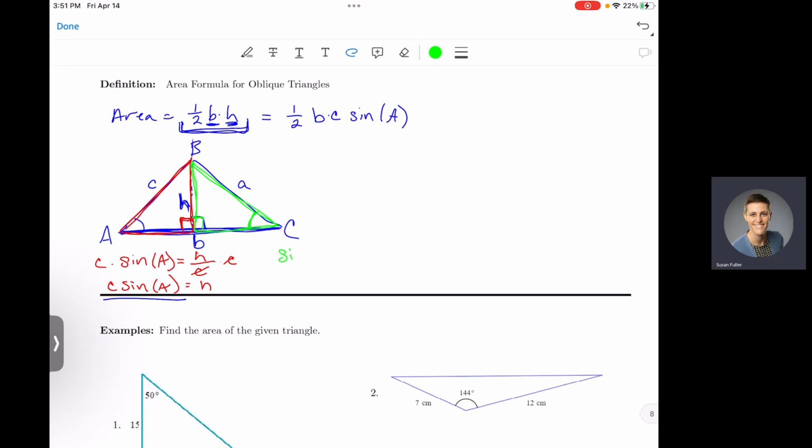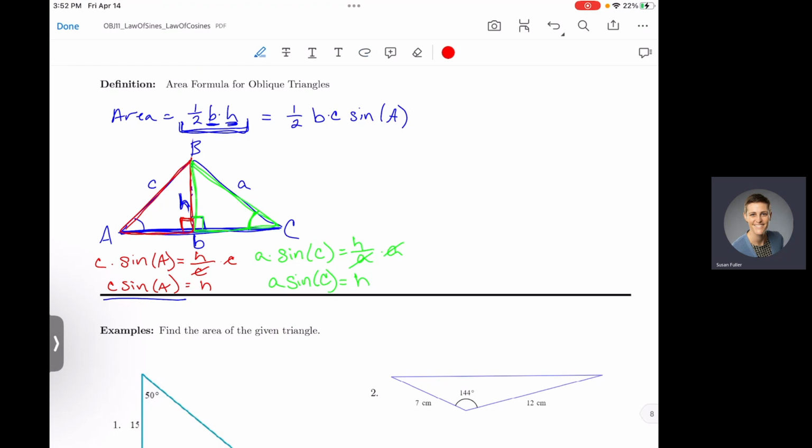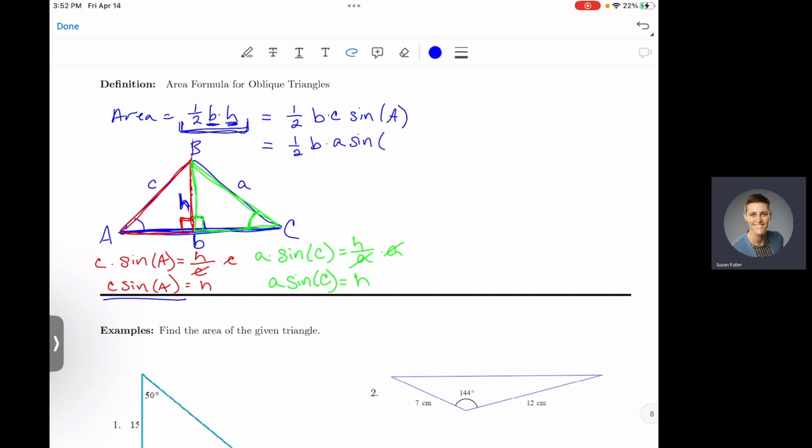I could have said that the sine of angle C is equal to the opposite side, which is h, divided by my hypotenuse, which is A. Again, I can multiply both sides by that denominator to clear my fraction, and I get that h is also equal to A times the sine of angle C. So I could also have written my area as 1/2 times the base, which is B, times my height, which this time we wrote as A times the sine of angle C.